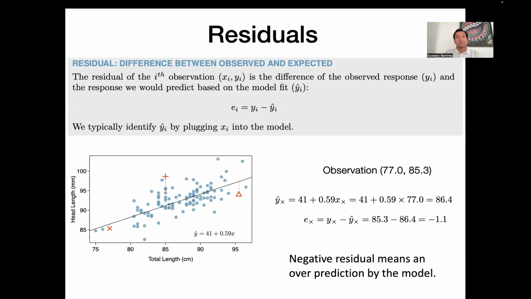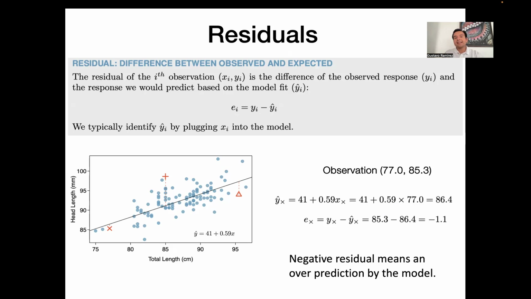So the residual of the ith observation, x of i and y of i, is the difference of the observed response, y i, and the response that would be predicted based on the model, y hat i. And again, it's more or less an encapsulation of the error, right? How well the model is doing in giving you the actual true value of head length for that particular x. So that's literally what a residual is encapsulating here.